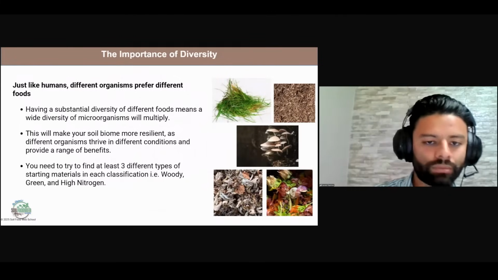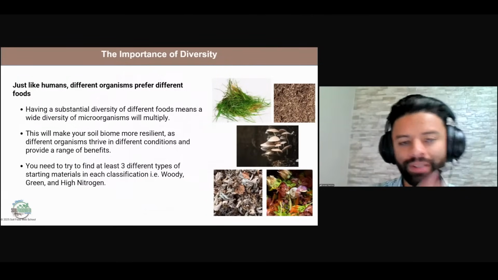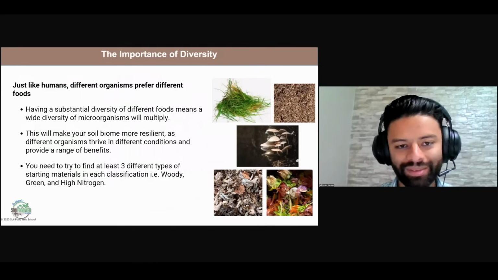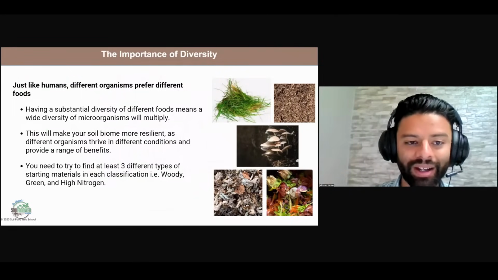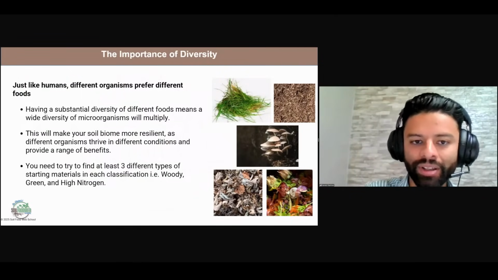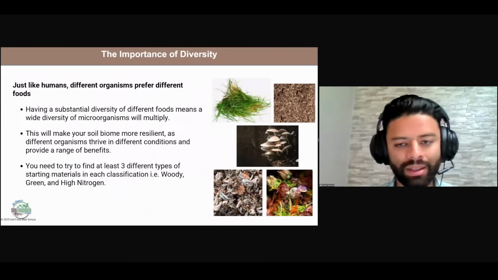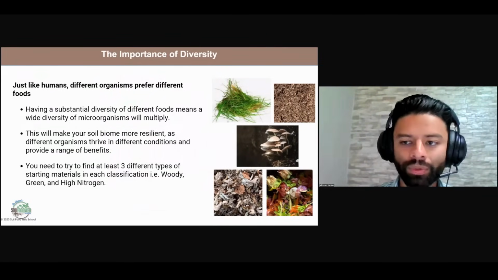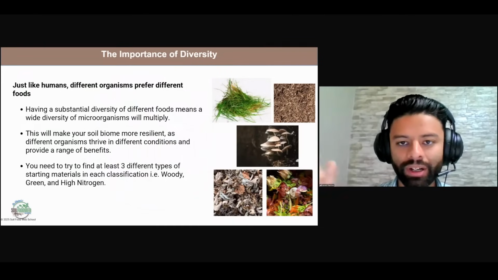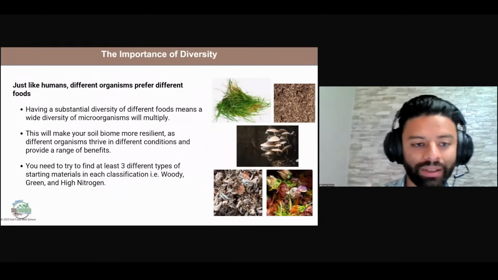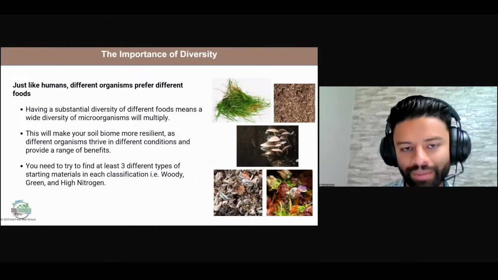Also, it's not only having a diversity of these 3 categories, it's also having diversity within each of those categories. Why? If you have different types of greens, there's going to be different types of bacteria associated to those different green materials. The same if you have different types of woody materials, they are going to prefer different types of foods, and that way you bring the diversity. Why is diversity important?